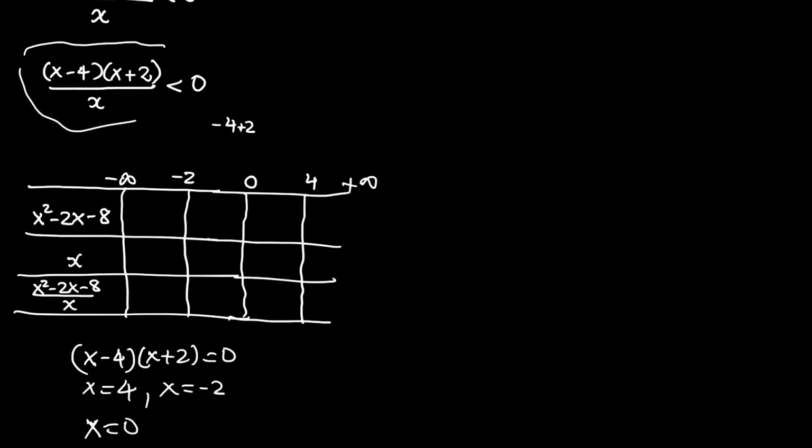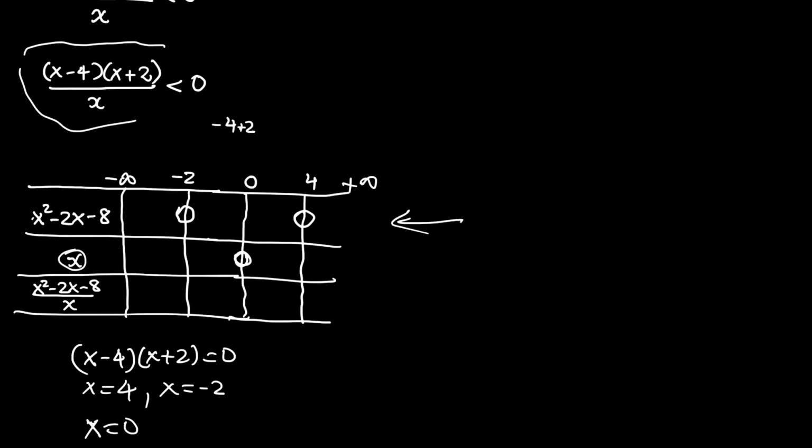For this expression, when I plug in minus 2, it gives me 0. And when I plug in 4, it gives me 0 too. When I plug in 0, it does not give me 0. But when I plug 0 in the second expression, it gives me 0. Now I start from here, in this direction.